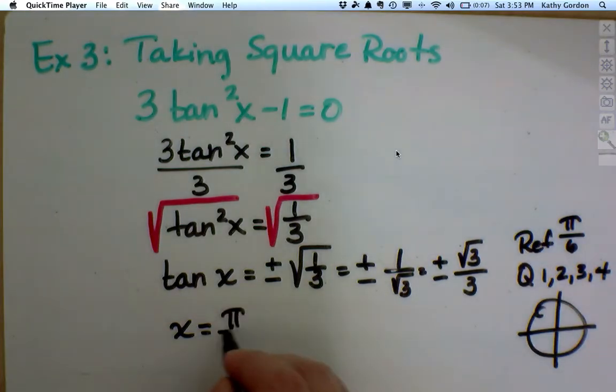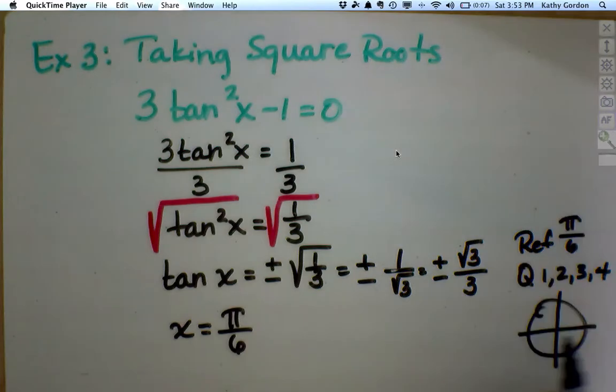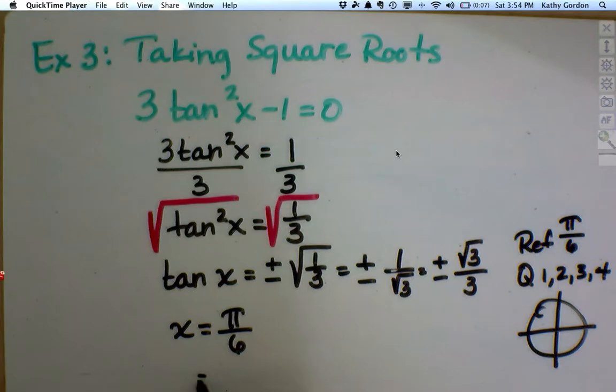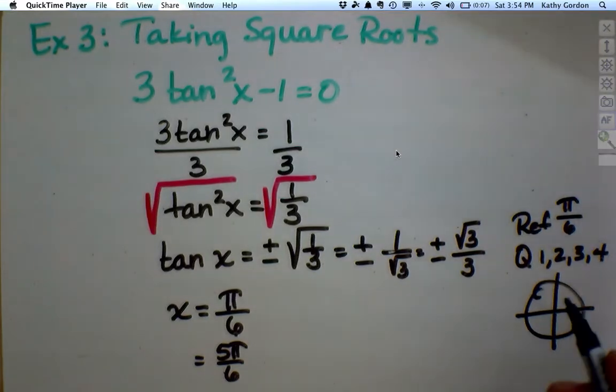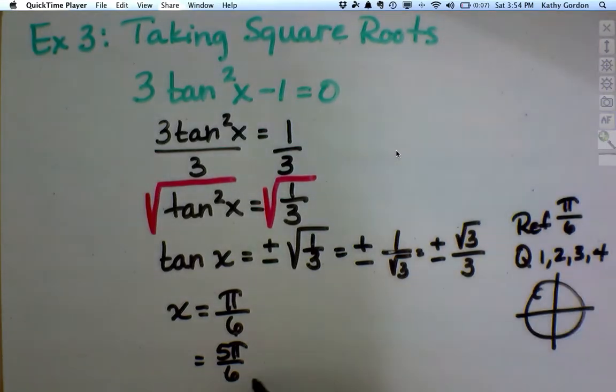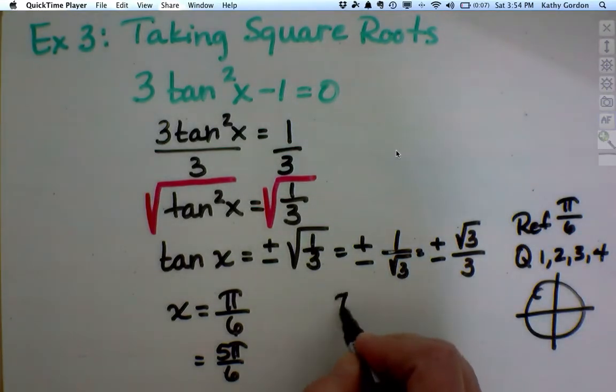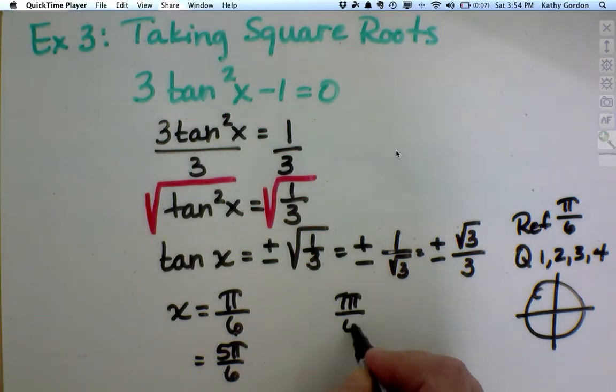They would be pi over 6, 2 pi over 6 is really pi over 3, so that one doesn't count. 3 pi over 6 is really pi over 2. 4, then we'd have 5 pi over 6. In this quadrant, we would have 7 pi over 6. And all the way over here, we would end up with 11 pi over 6.